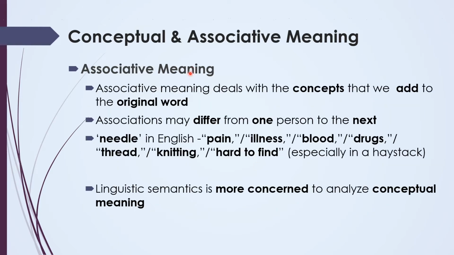But under associative meaning, we do not refer to the original word. Rather, we are talking about the associations. Associations means the other issues or other meaning related with the original word.